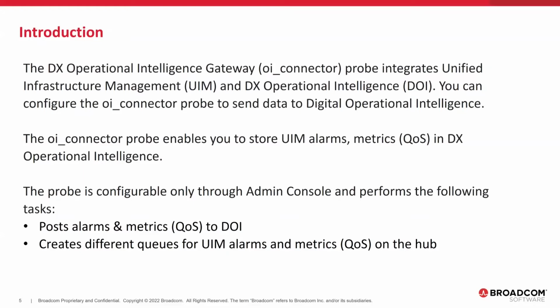So this probe primarily works on the queues, and it also accesses the database to fetch the information related to the CI hierarchy or the computer system, which it uses in the cache to enrich an alarm or the QoS message read from the hub queue.